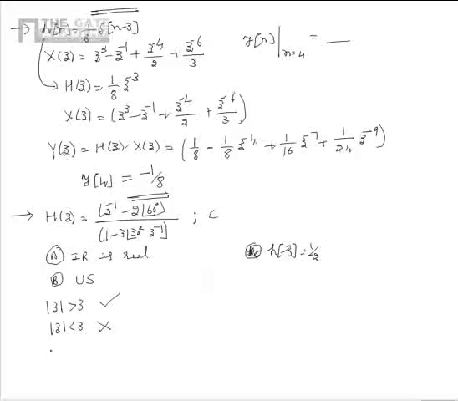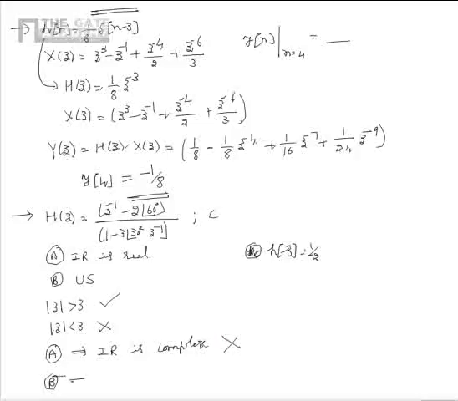So if we consider option A, we have to check if the impulse response of the system is real. Here we see that the poles and zeros are not in conjugate pairs. So the impulse response of the system is complex, and option A is not correct.